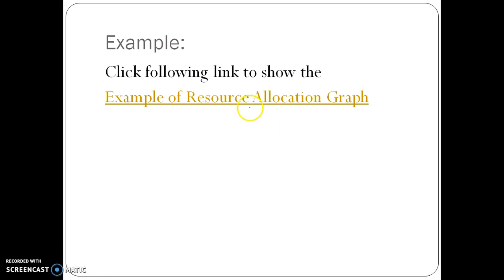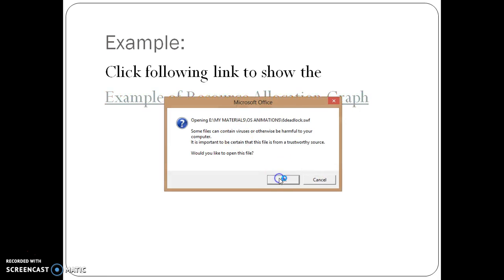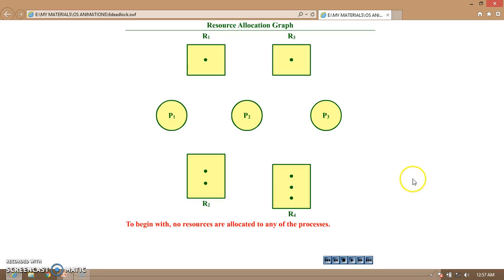Now let us see an example of resource allocation graph. Here is a small demonstration. Right now the status is resource R2 is being used by process P1. That means R2 has been assigned to process P1.